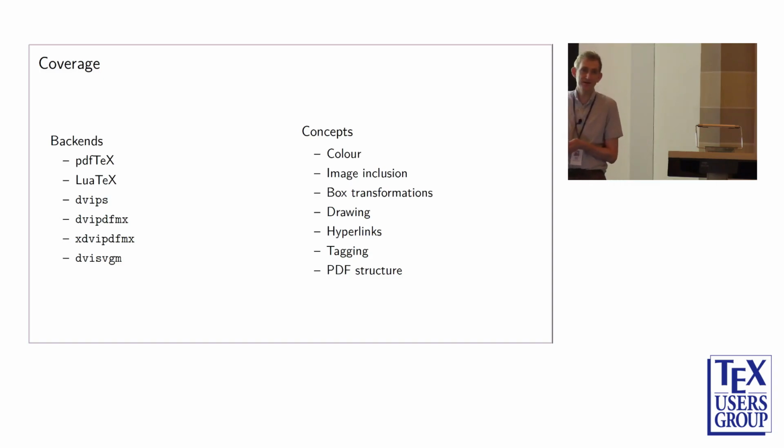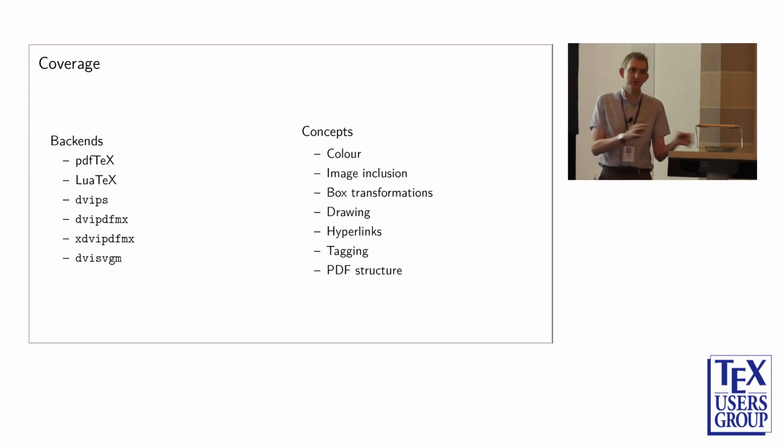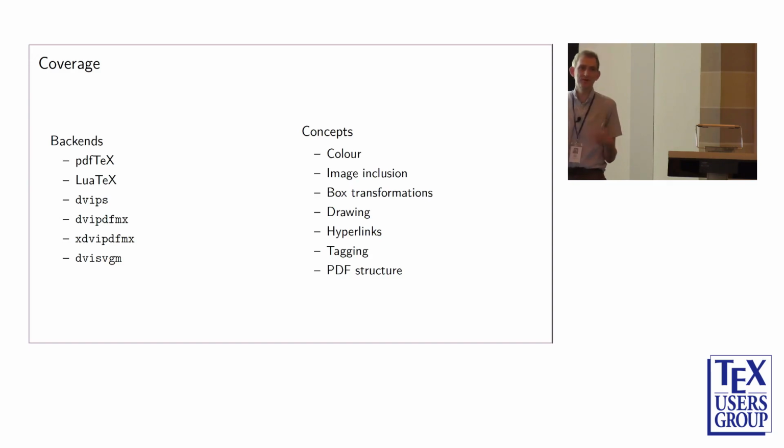But Ulrike and I aim to have it all in one place. As we firm up and finalize decisions about tagging, those tagging parts of the backend code will move into the same core files as everything else, so you won't be loading multiple files. It will be one set of files to load.